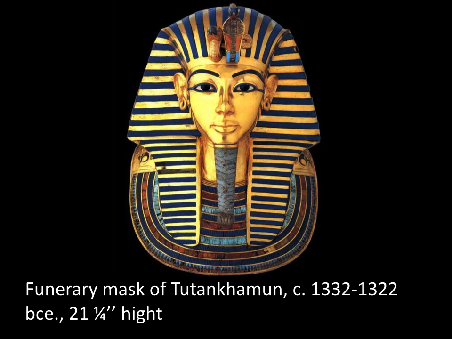And the funerary masks were to represent who they were alive. It was to sort of encase the mummified body, which would hold the Ka, which we talked about earlier, or the life force.